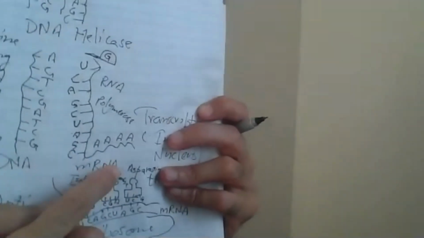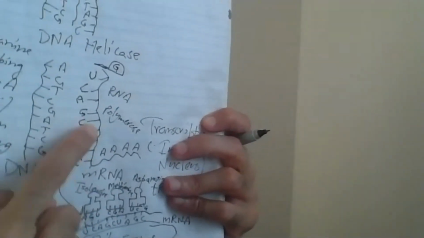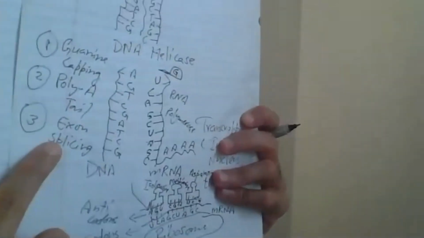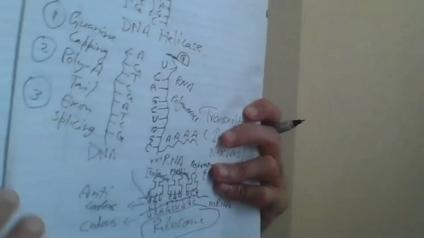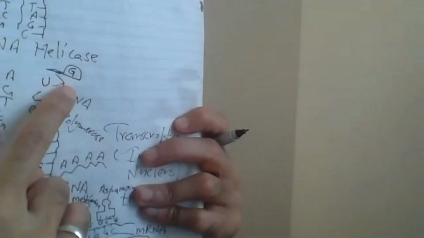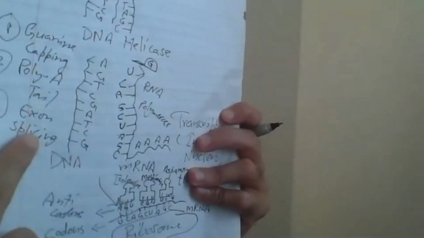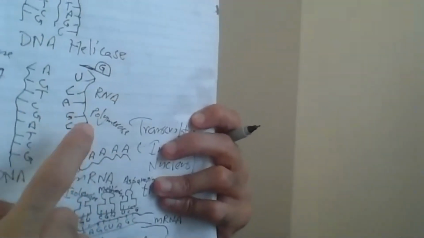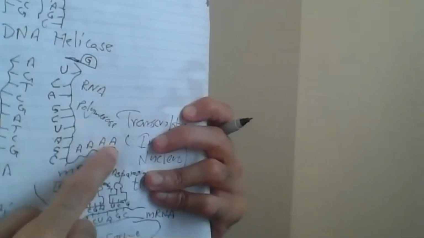Introns are cut out. They just stay in the nucleus. They don't make it out. The parts that remain are called exons, and because they exit the nucleus, they are called exons. Then those parts are joined together, which is called splicing, exon splicing. And then this molecule is ready to move out.